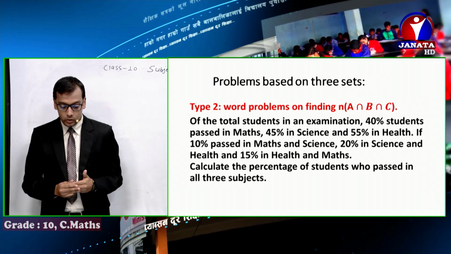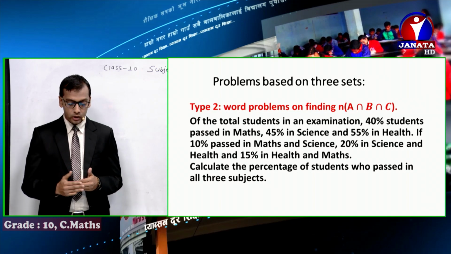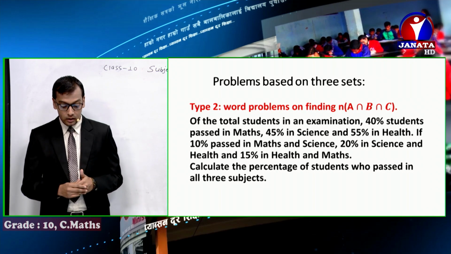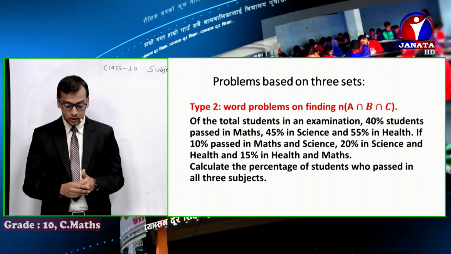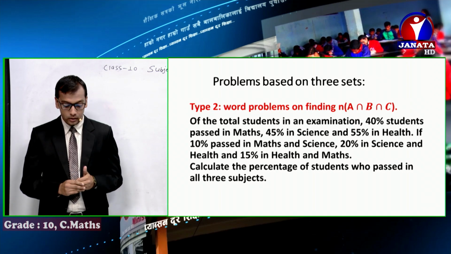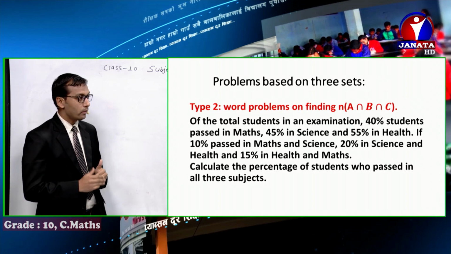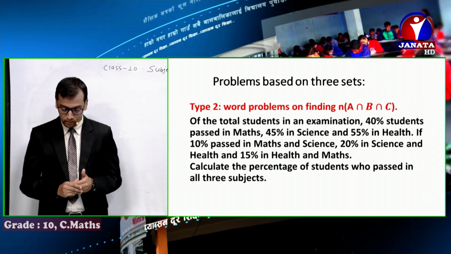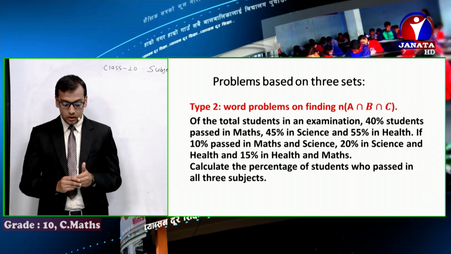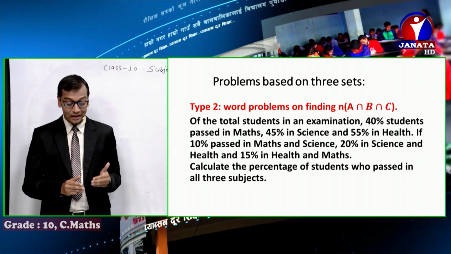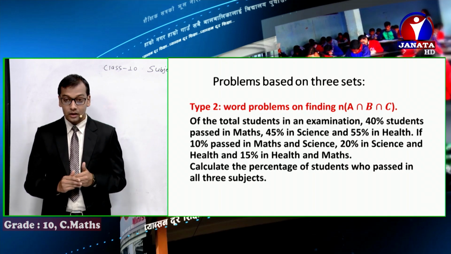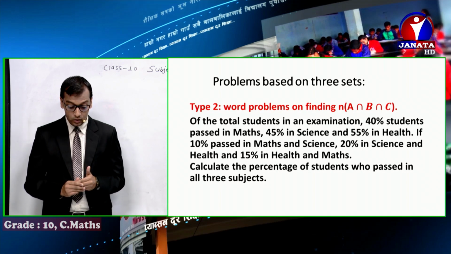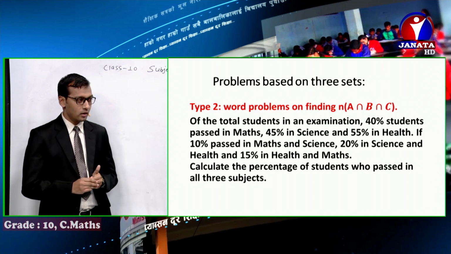Out of total students in an examination, 40% students passed in mathematics, 45% in science, and 55% in health. So the question is about three different subjects here: mathematics, science, and health. If 10% passed in maths and science, 20% in science and health, and 15% in health and math, calculate the percentage of students who passed in all three subjects.